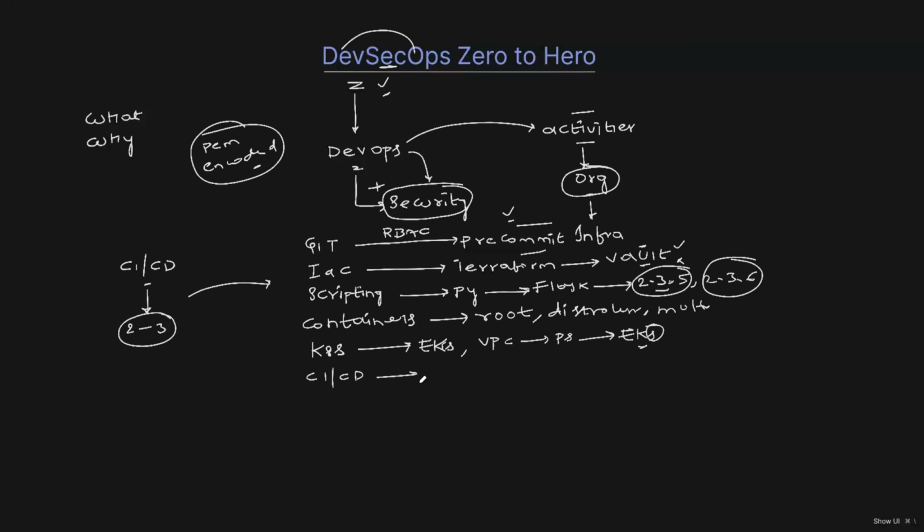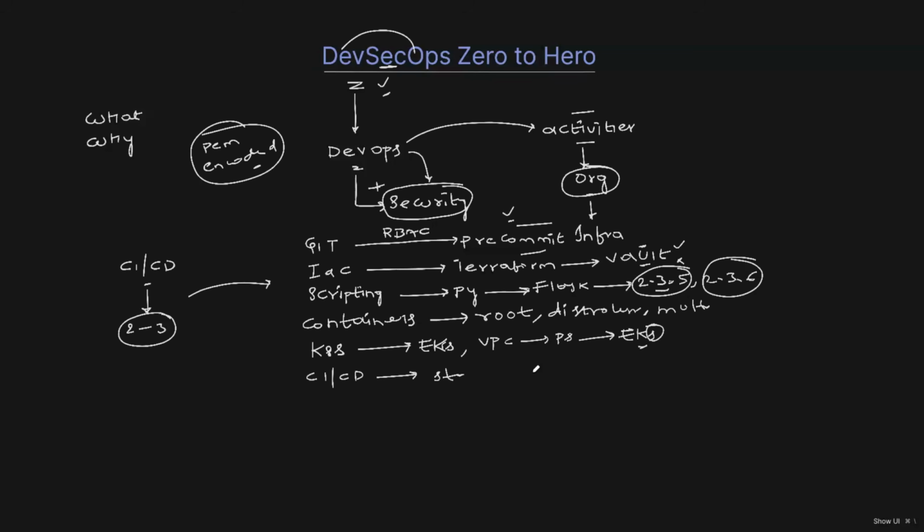CI/CD, this is where a lot of people start their journey with DevSecOps. That is unfortunate. They should not do it. But yeah, anyways, people start with DevSecOps in CI/CD. So it's very popular. They would introduce stages here, right?